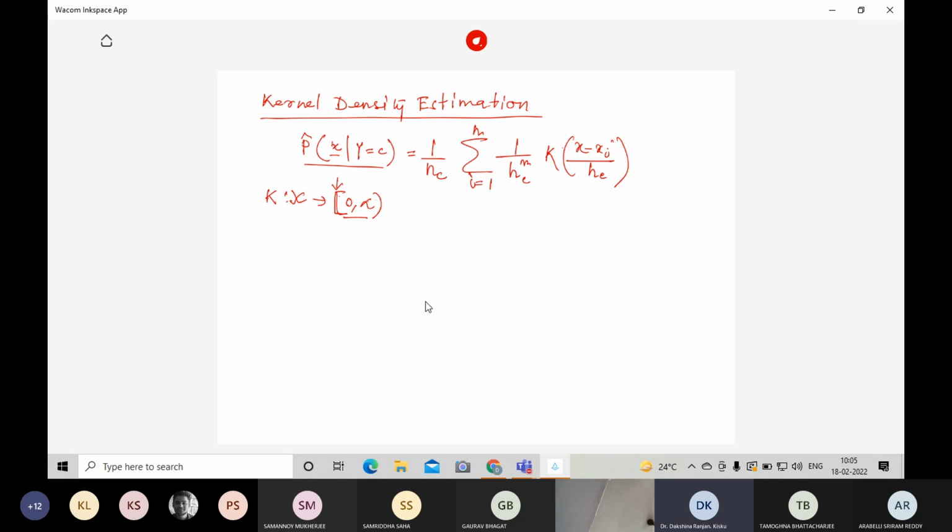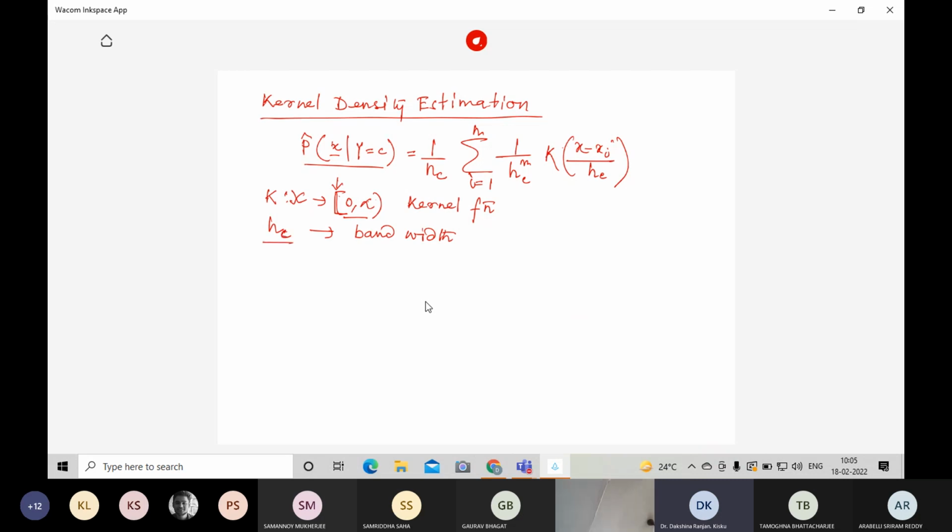Here capital K is the kernel function, and hc is known as the bandwidth. In this kernel density estimation equation, hc is very important.